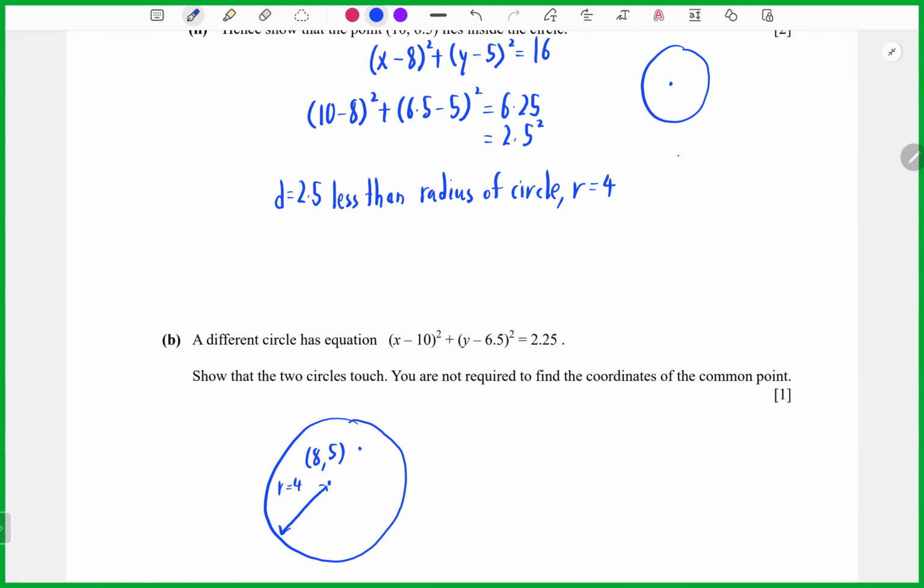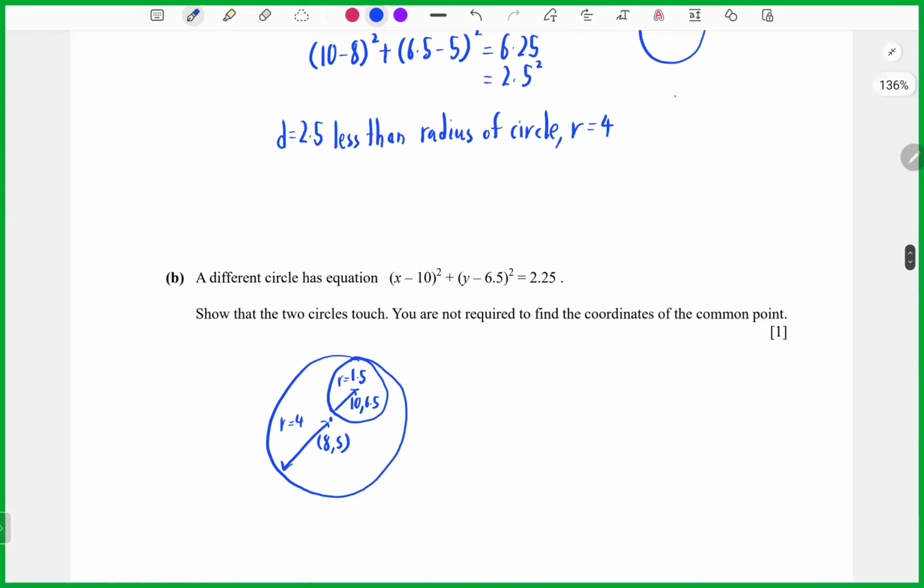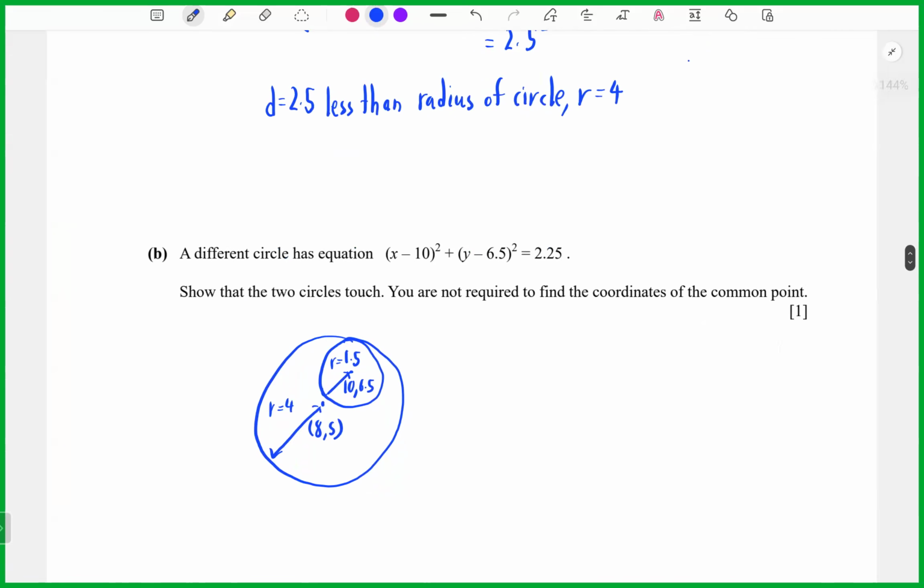You have one circle at (8, 5), and this small circle will touch here, with radius 1.5. So we need to find out whether these two circles will touch.